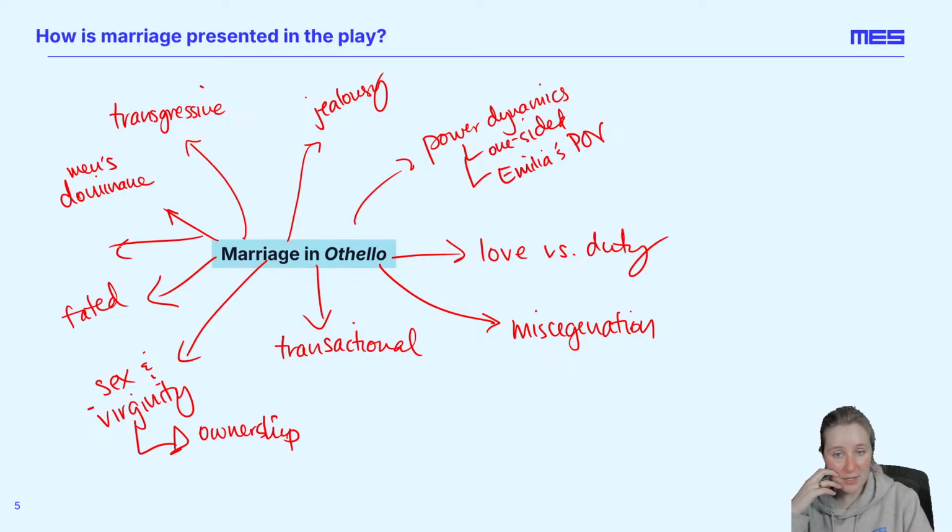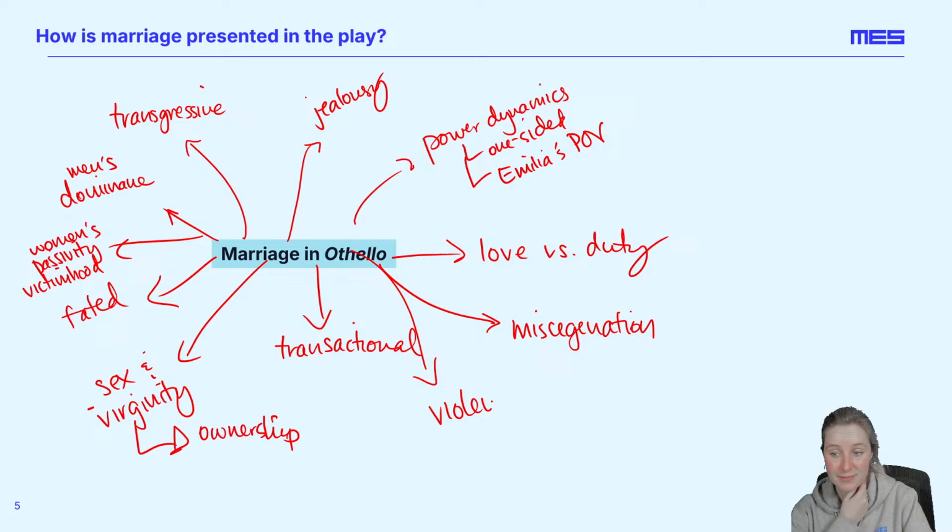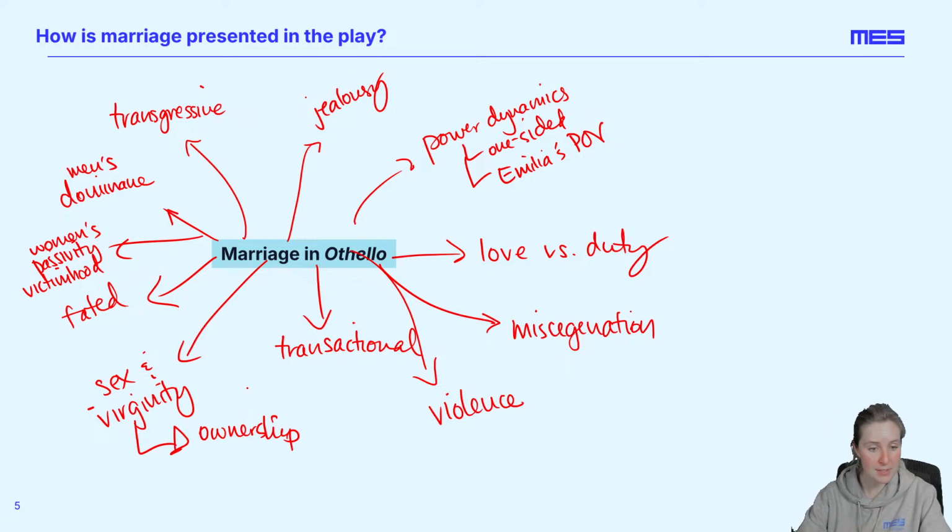And then if we think of that, we can think of, in a different paragraph, women's passivity or women's victimhood within marriage. Marriage as linked to violence. Absolutely. There's so much we can talk about, right?